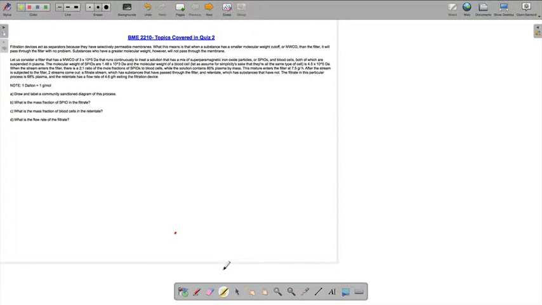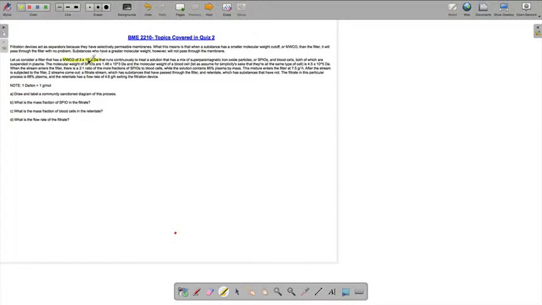So, let's consider a filter that has a MWCO of 3 times 10 to the 5th Daltons that runs continuously to treat a solution that has a mix of superparamagnetic iron oxide particles, or SPIOs, and blood cells, both of which are suspended in plasma.